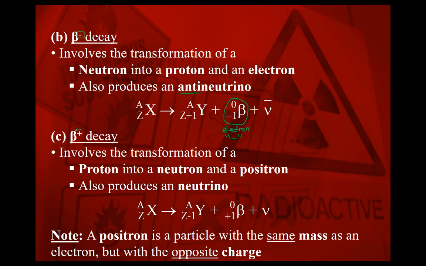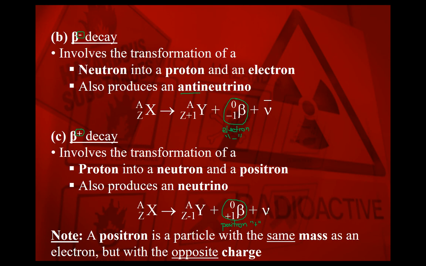Now, beta positive decay, what kind of electron do you get? You get the positive one, a positron, which has a positive charge. What kind of neutrino is accompanied with it? The regular one. So think of positive as the regular one, and negative as the opposite one.